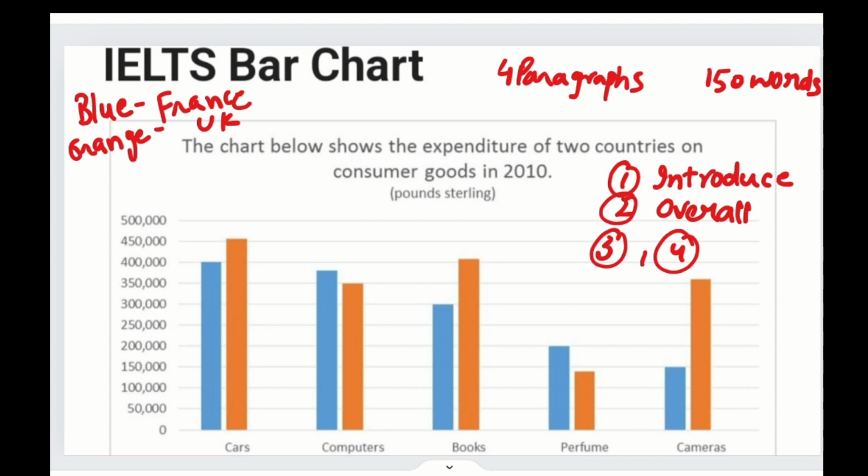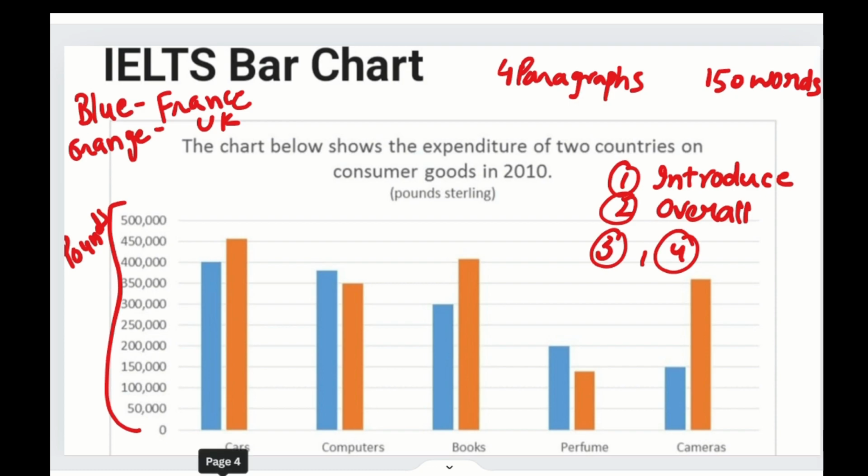The chart below shows the expenditure of 2 countries on consumer goods in 2010. The consumer goods are cars, computers, books, perfume and cameras, and the whole data is shown in pounds sterling.